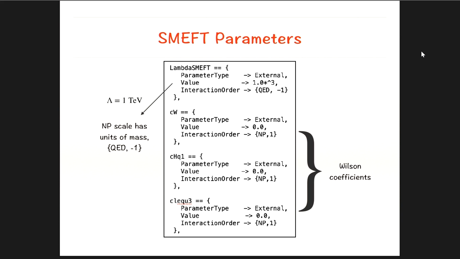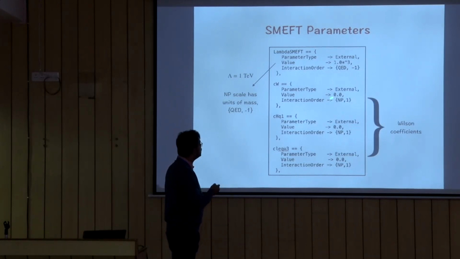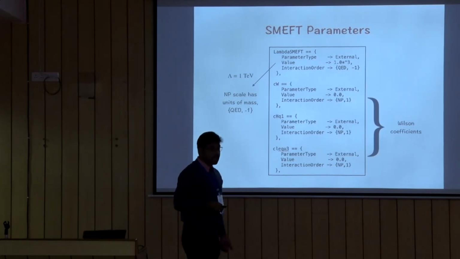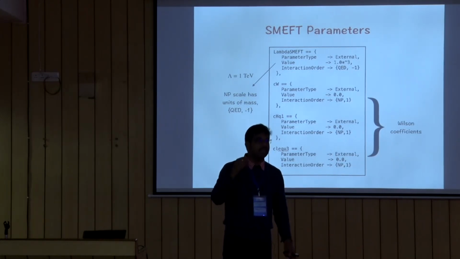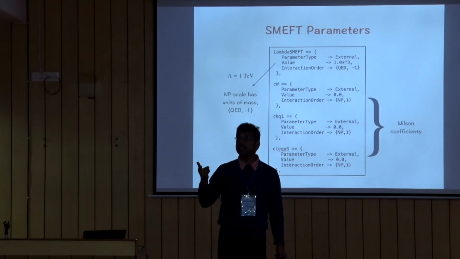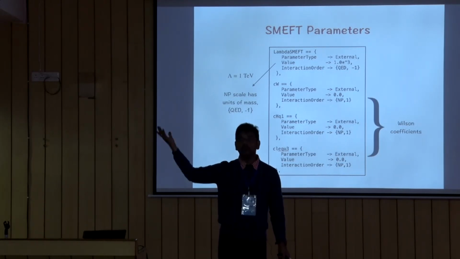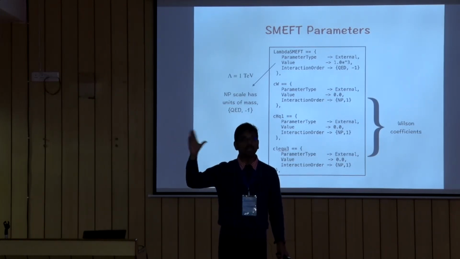For lambda, this new physics scale, for some reason, here you assign the value 0, but that is just, I mean, you can assign any value that you want. And here the warning that Jose actually gave to you may come into play. If you are inserting operators which involve gauge field strength tensors, and you assume weakly coupled and decoupling new physics, then they might come at the loop level only.